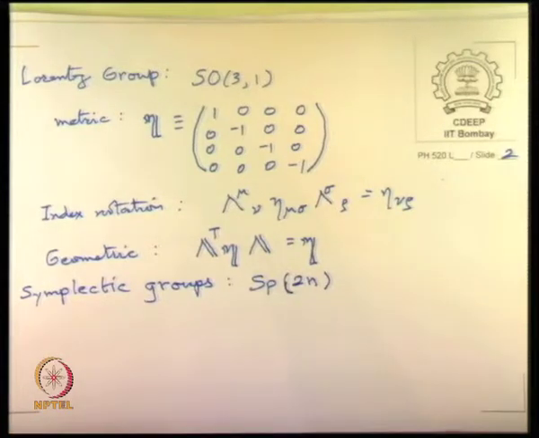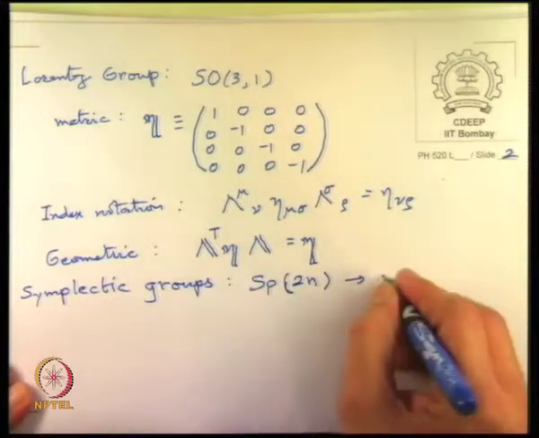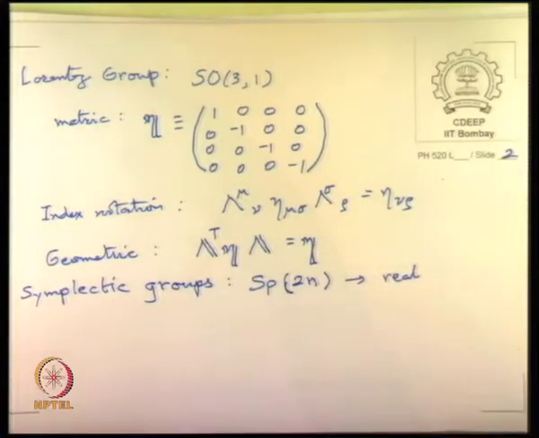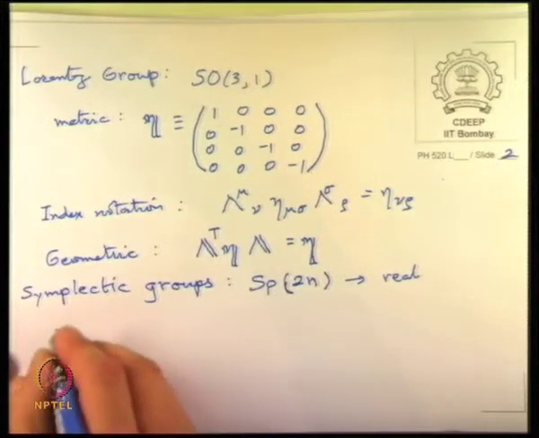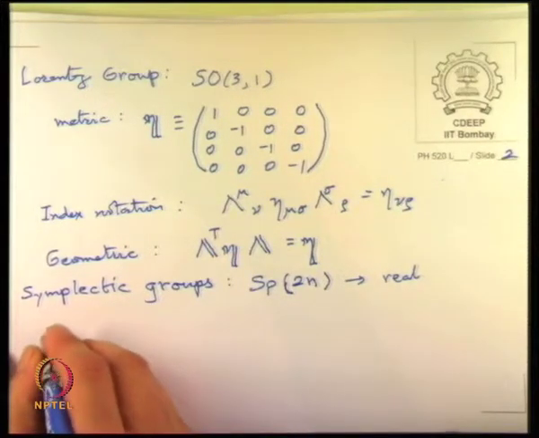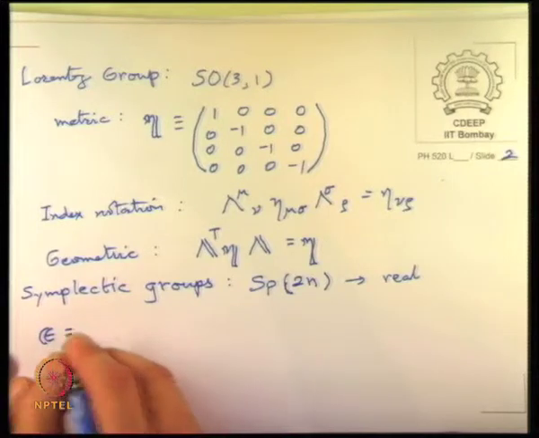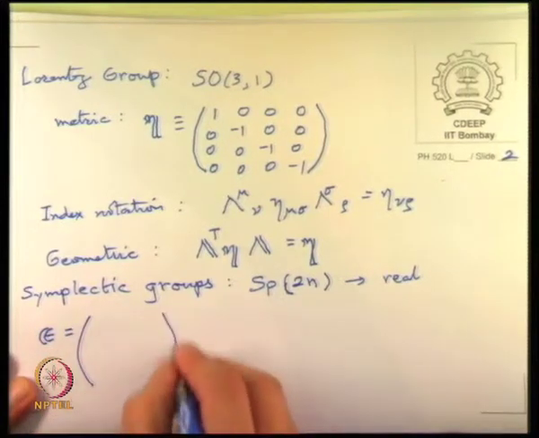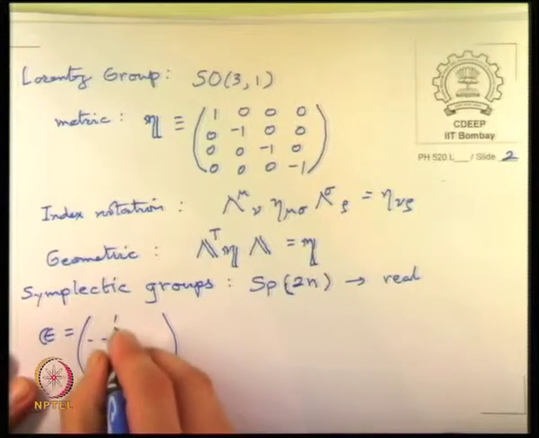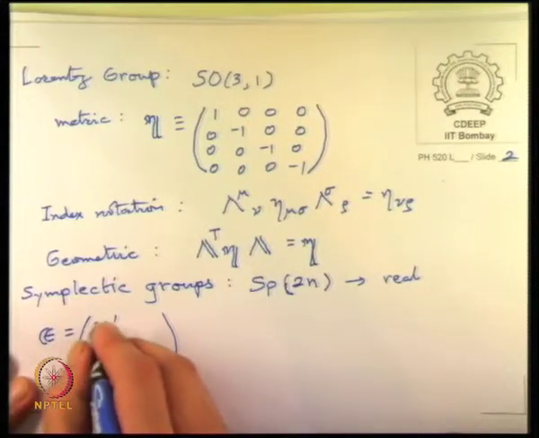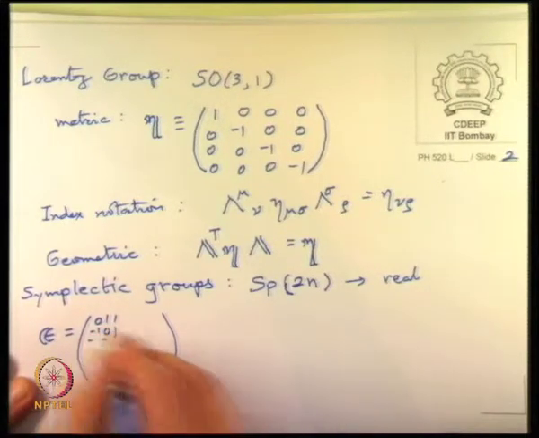We will not be interested in Sp(2N,C), so automatically R. And we introduced here a metric epsilon, which is of the form block diagonal plus and minus 1. It runs along the diagonal.